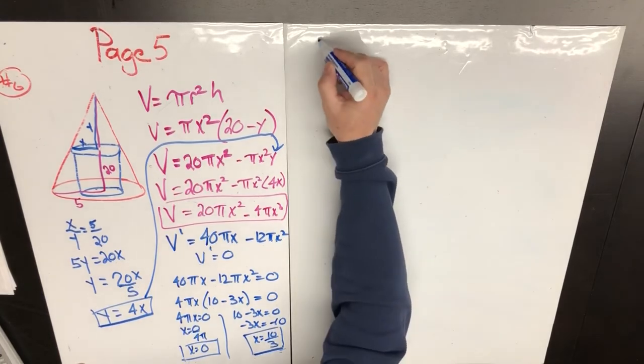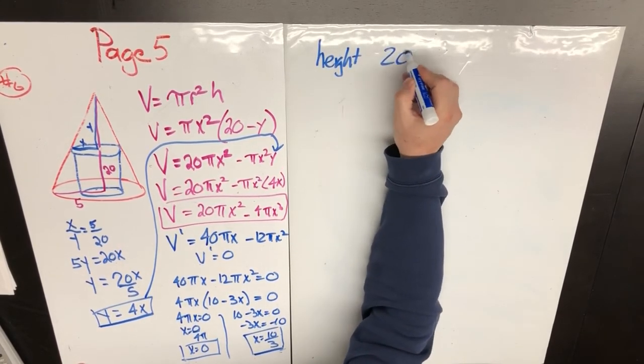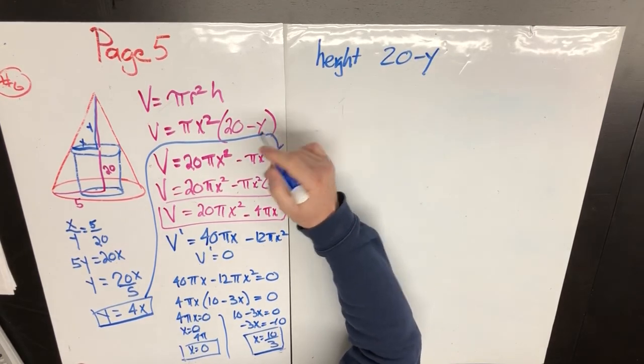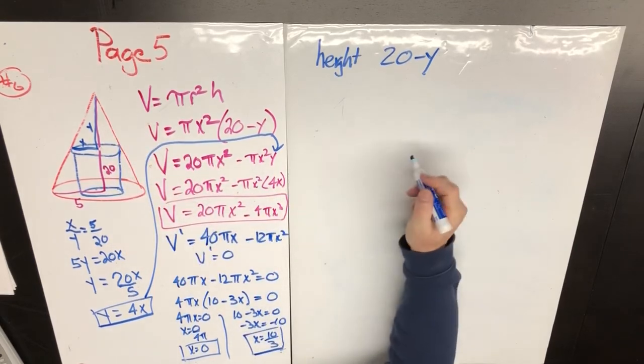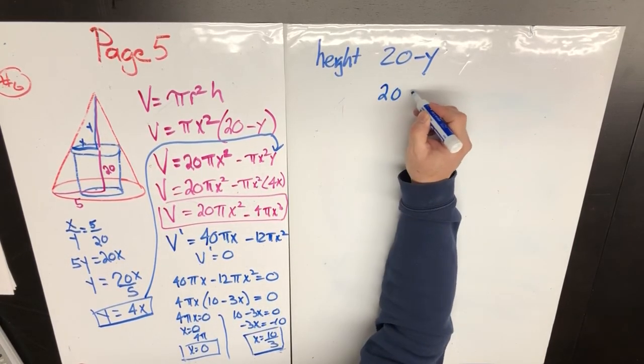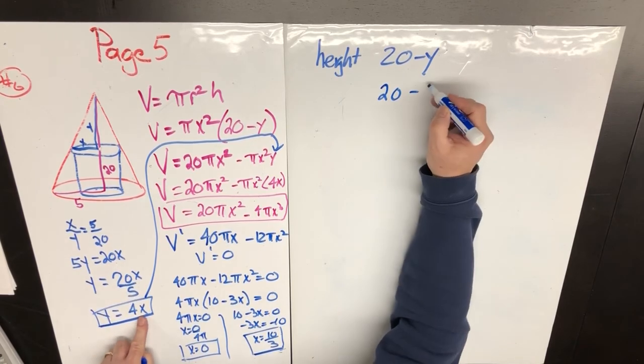And the height of the cylinder is going to be 20 minus y. So there's y, this is 20 minus y, that's going to be the height of the cylinder. So 20 minus y, where y is equal to 4x.